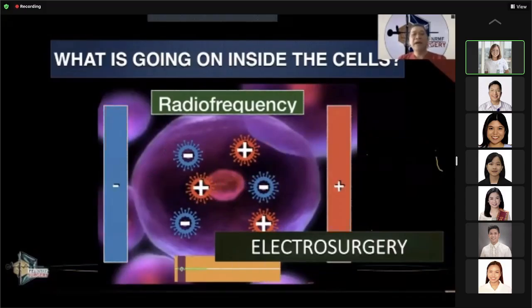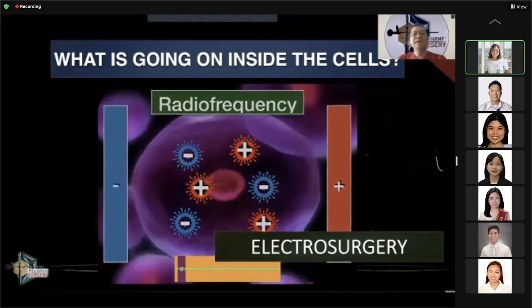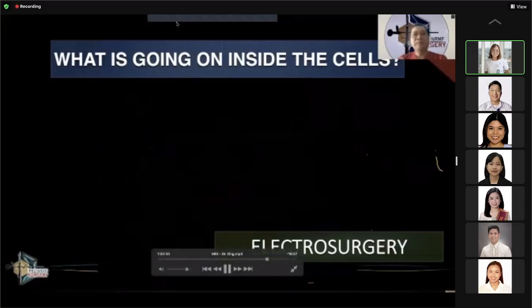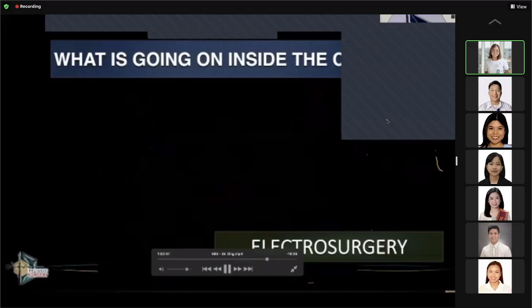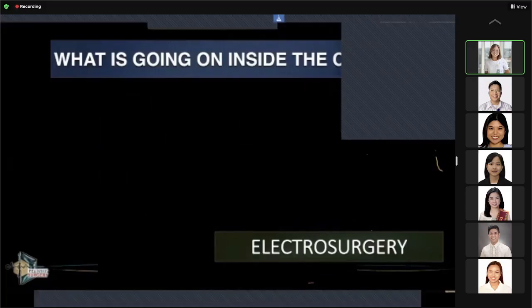So there are alternate movements of the electrons and the protons. And that movement, 500,000 times, produces the heat in the tissue. So the electrical current that is being transmitted to your tissue produces that effect in the tissues, producing your coagulation and your vaporization effects.